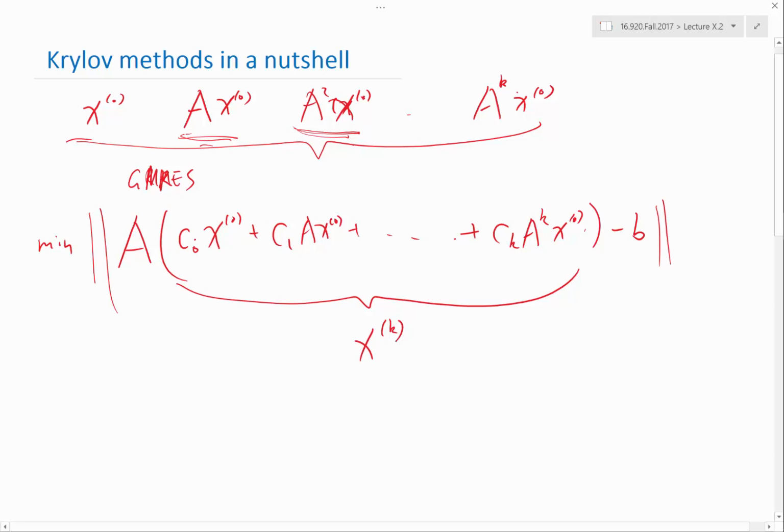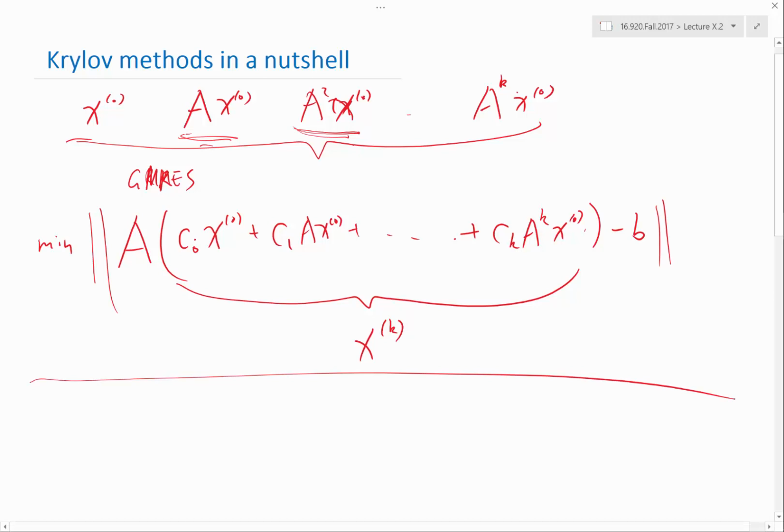Numerically, if you just directly do that, especially for ill-conditioned A's, you get some numerical instability. So there are procedures with an algorithm that is insensitive to round-off errors in computers. But if you had exact precision floating points, just doing this minimization is exactly what GMRES does.